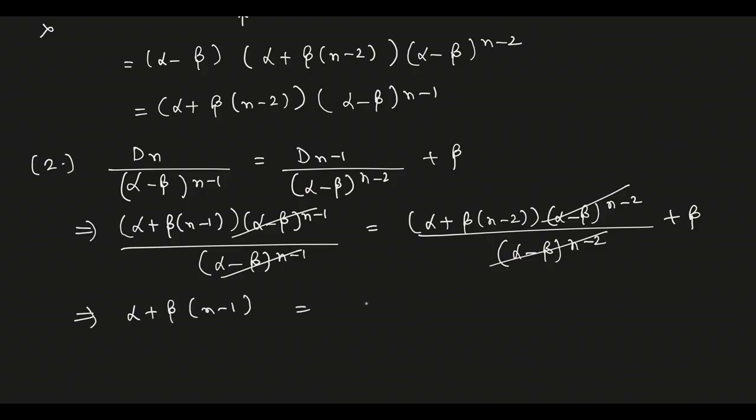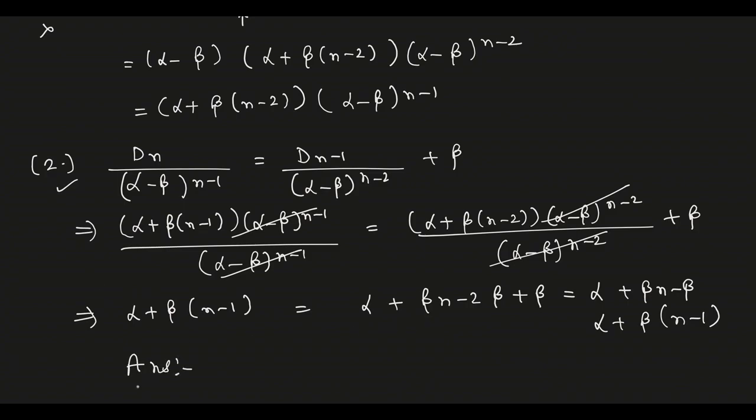I can solve this. Alpha plus (n minus 2) beta plus beta. So this will be alpha plus (n minus 1) beta. Again I can take beta common. So left side and right side are the same. So option 2 is correct. Now is it clear? Yes, ma'am.